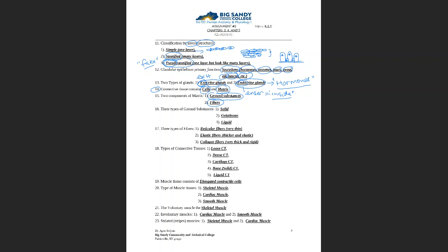The ground substance has three types. The first one is solid, like bone. Bones, you know, the matrix is very, very solid. It is very hard. Because what? Because the ground substance of the bone is solid. The second one is gelatinous substance.